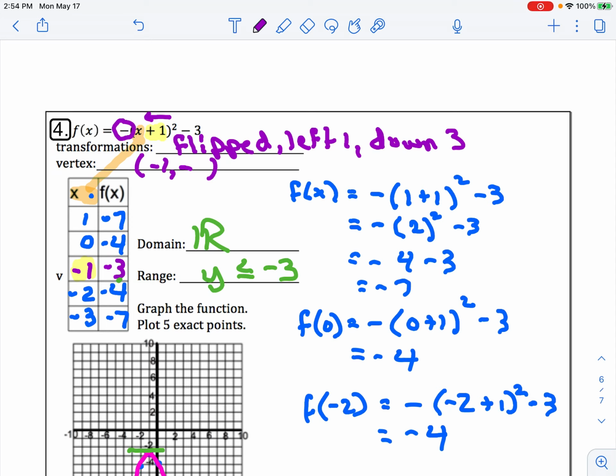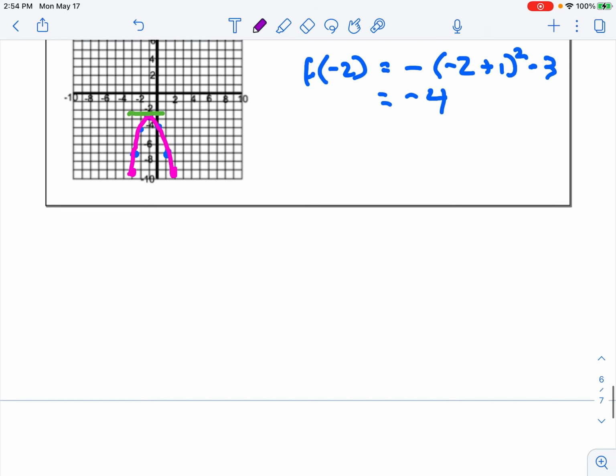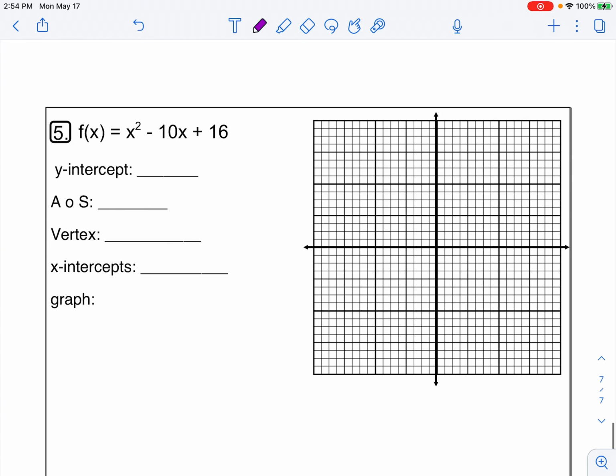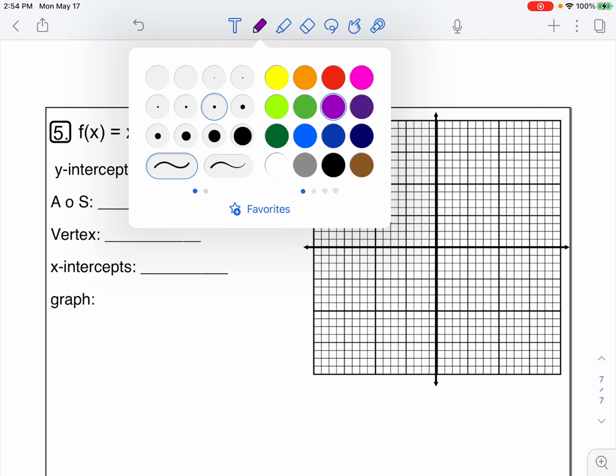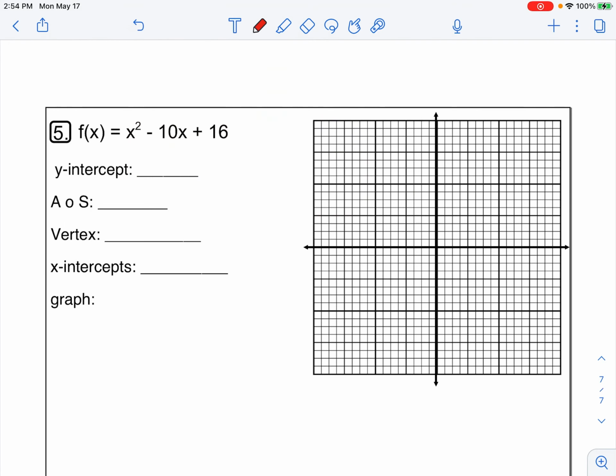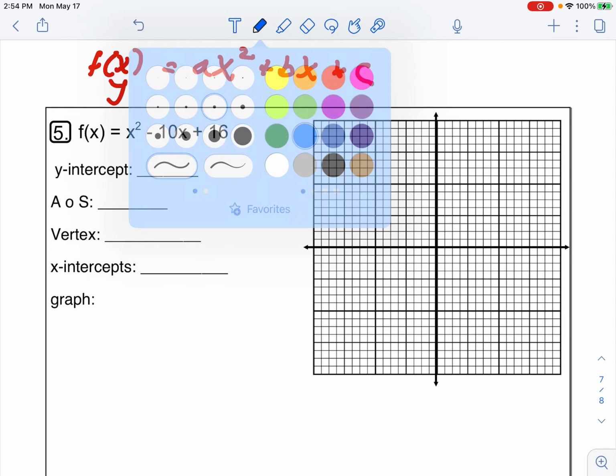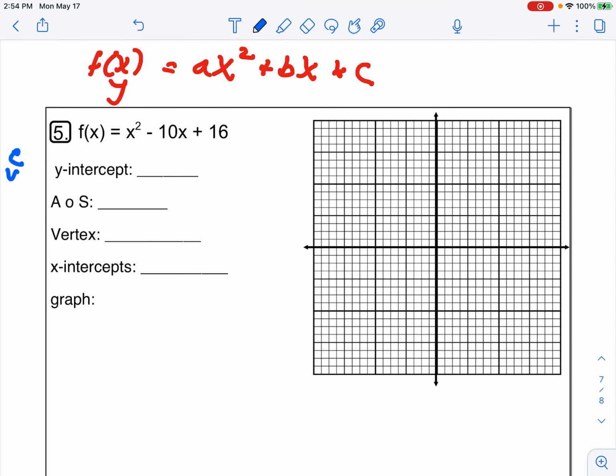All right, let's go on to the last one, I believe, and that is graphing in standard form. So first of all, we should probably review that standard form looks different. It's f of x, or that's the same as your y, equals ax squared plus bx plus c. Okay? Your y-intercept is always your c value.